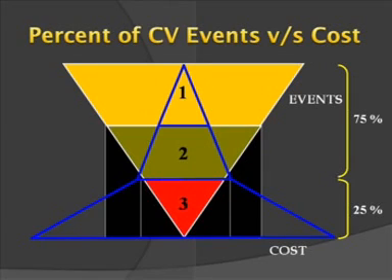When you go to the second stage, there are people who have progressed to target organ damage and some asymptomatic disease, and the number of people who have such events are less, but the disease burden is more, and to prevent those events, the cost is much higher compared to stage 1.